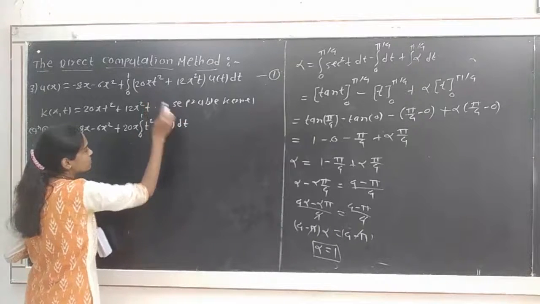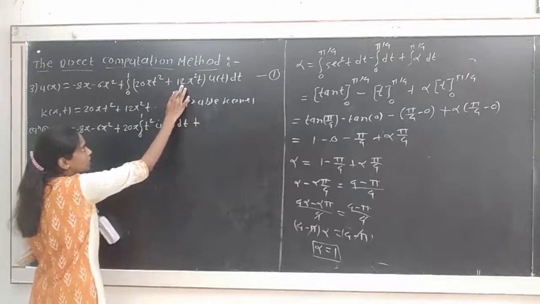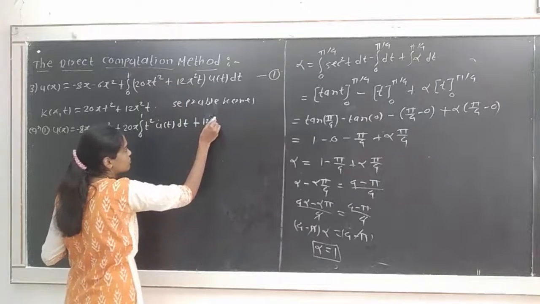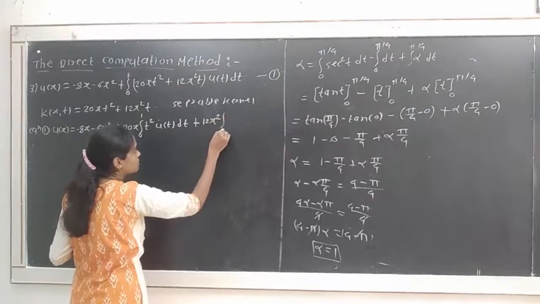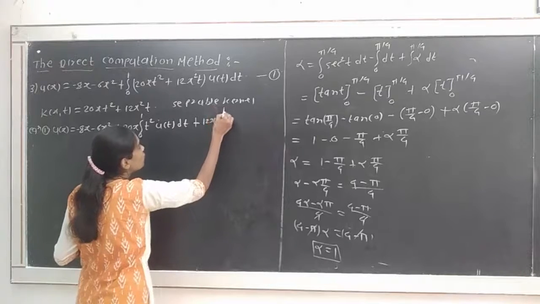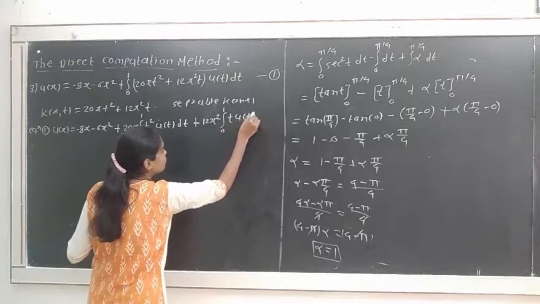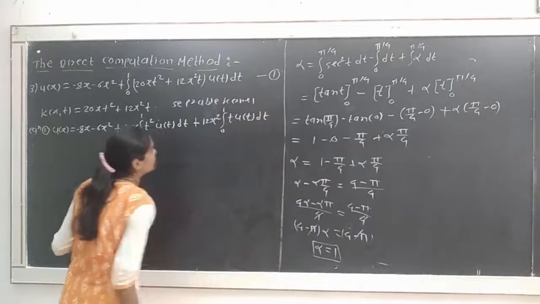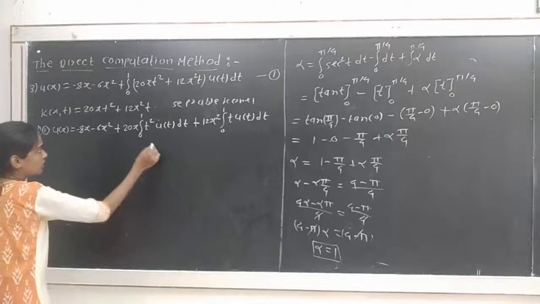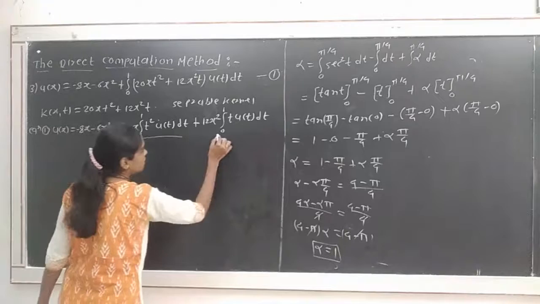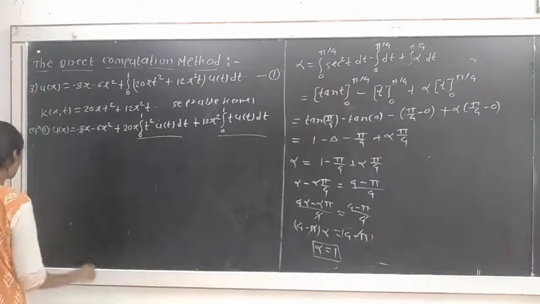This will be the first integral, plus here again 12 and x square will be constant. So we take outside, integration from 0 to 1, here remaining only t into u of t dt. Okay. So here we take this as alpha and this as beta. We get the two constants.